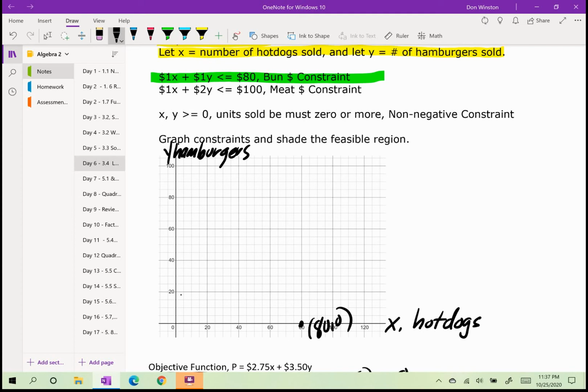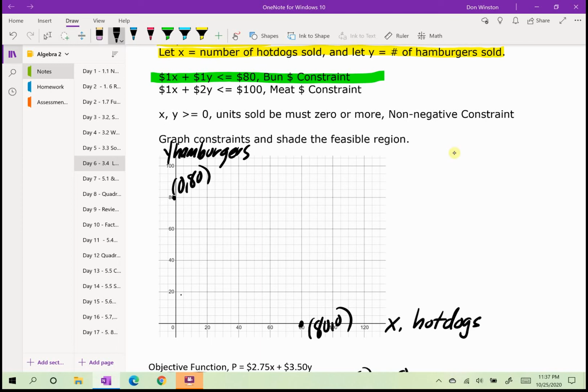And then if she bought all hamburger buns, again, she can buy 80 of those. 80 divided by 1 is 80. So she could buy 80 hamburger buns, and that would be the point 0, 80. So 0 hot dog buns, 80 hamburger buns.